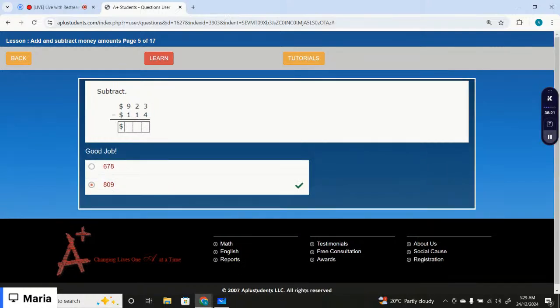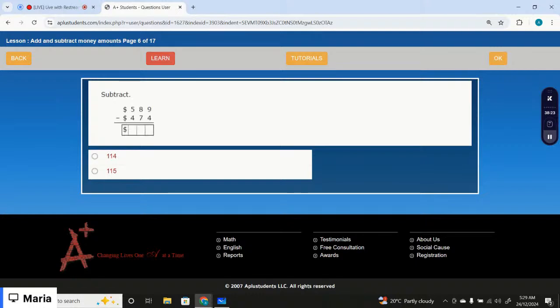Very good. 589 minus 474, which is the correct option?